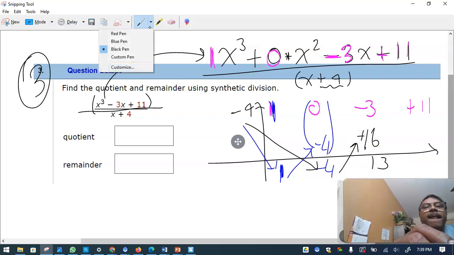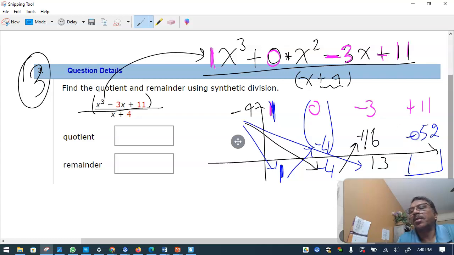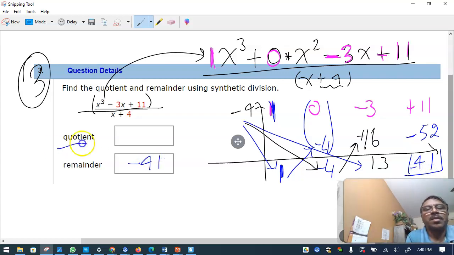And finally, multiply -4 times this, which will be -52. And the remainder here will be 41, but with a minus sign. So this becomes -41.